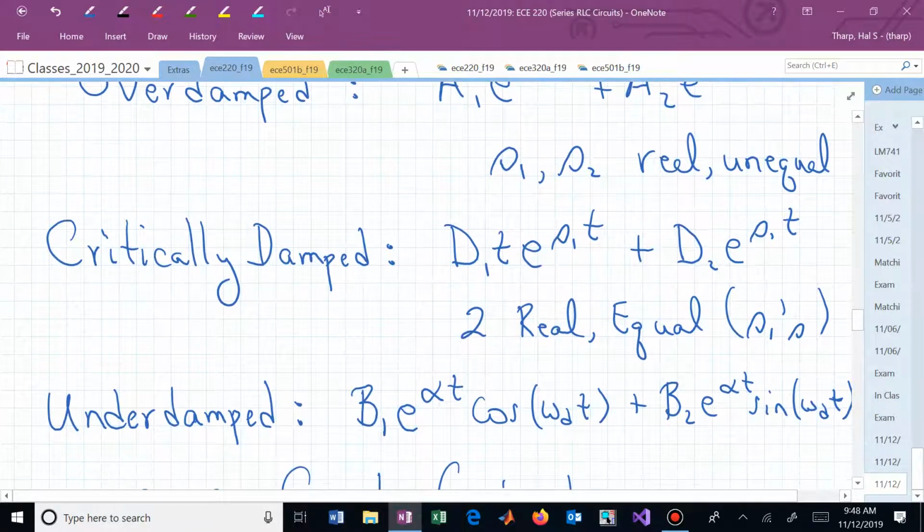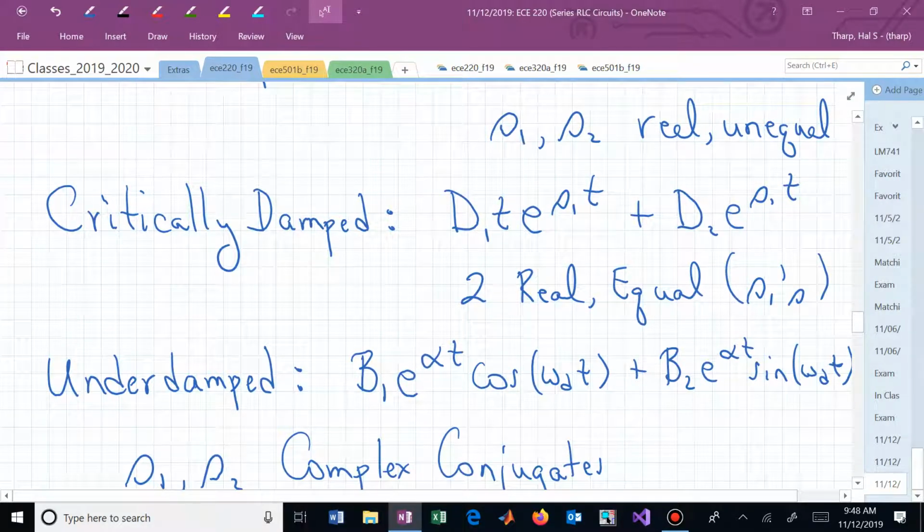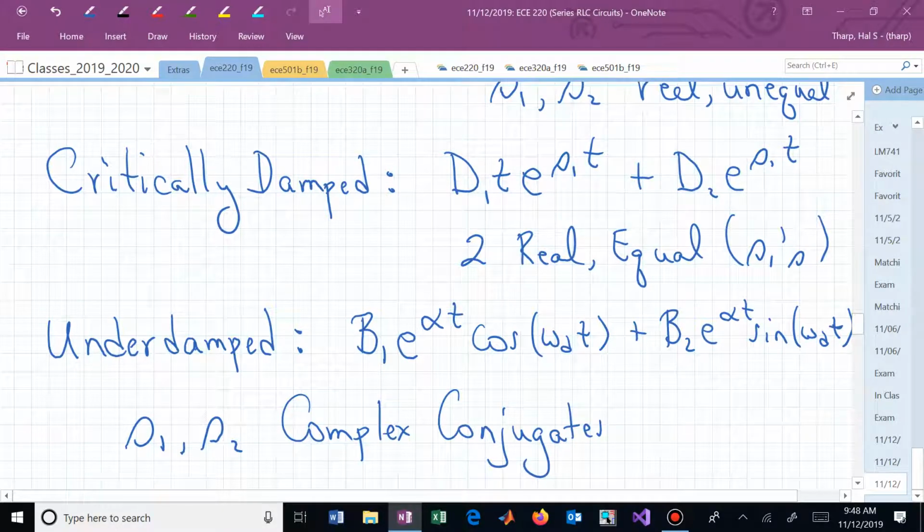The other possibility introduces shaking. Now we have complex conjugate poles. Complex conjugate roots. I'm using terms that you'll get to, at least in 320A, if we don't get to them here.